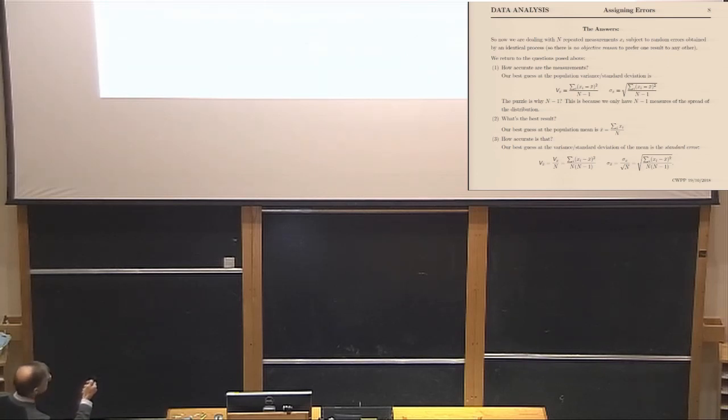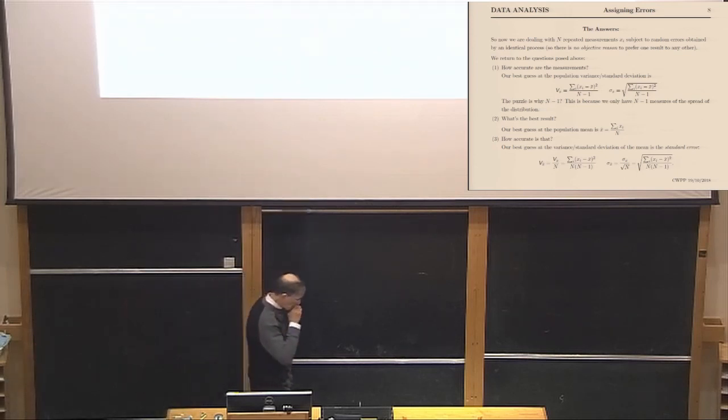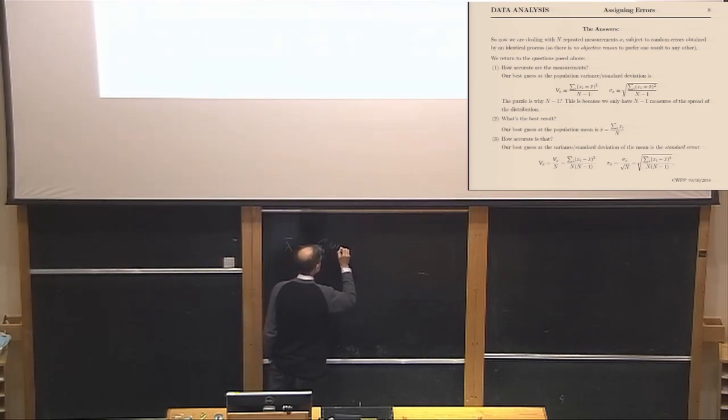Right, so that's the accuracy of the measurement, and the best result is the population mean, sigma xi over n. Now, other means are available. There's a thing called a weighted mean, of which this is a special case. So x bar would be the sum of some weights, wi, times xi, divided by sigma wi.